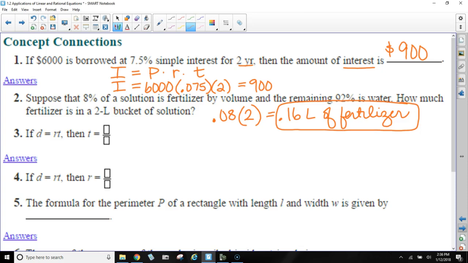This says if distance is equal to rate times time, then solving for time, we would divide both sides by r. Time is going to be equal to the distance divided by the rate.